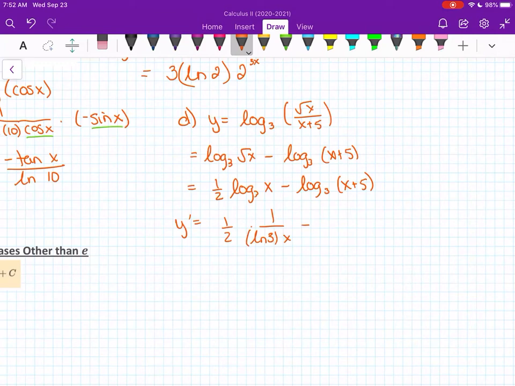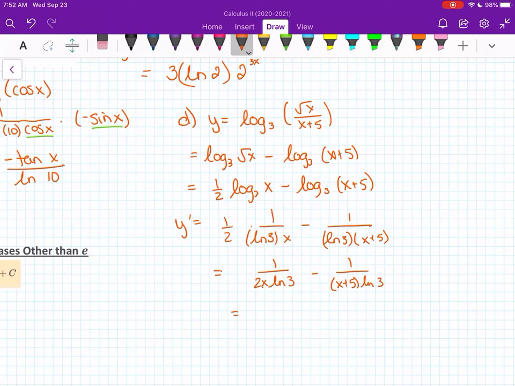And then minus, over here, I want the same thing, so 1 over, and then I want the natural log of 3, and then my function inside is x plus 5, and the derivative of that is 1, so I don't have to worry about chain rule there. So then when I rewrite this, I'm going to get 1 over 2x natural log of 3 minus 1 over x plus 5 natural log of 3.